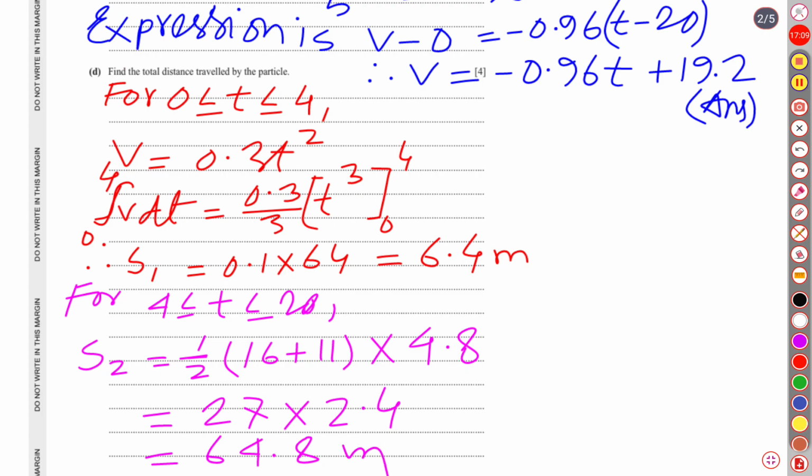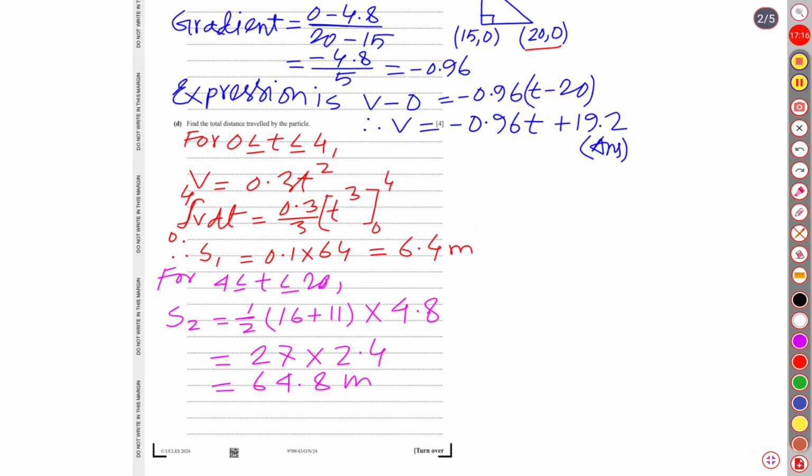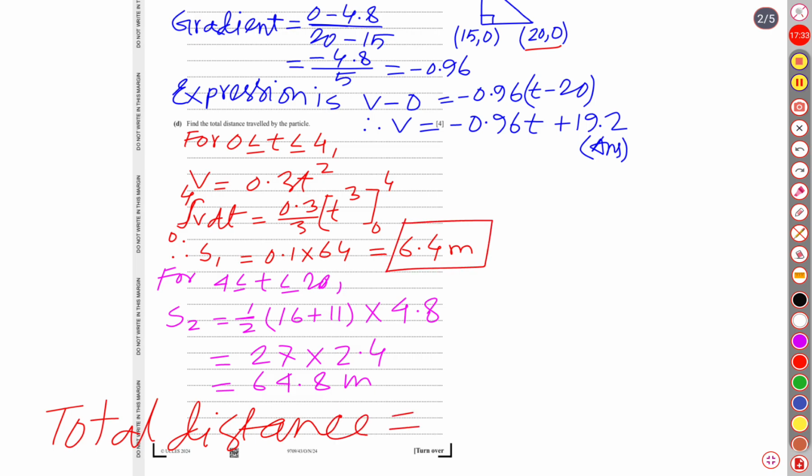So 64.8 meters. Now the total distance is to be obtained. Let us find the sum of these two distances. Total distance is equal to 6.4 for the first phase, plus 64.8 meters, the distance traveled in the second phase.